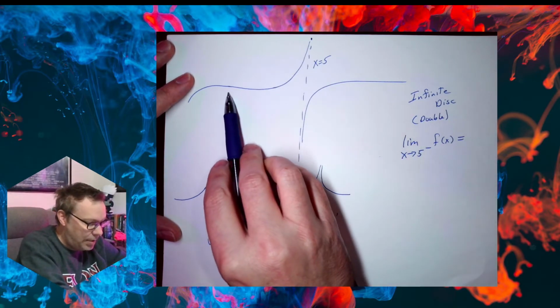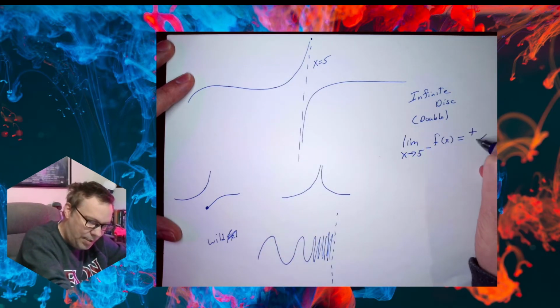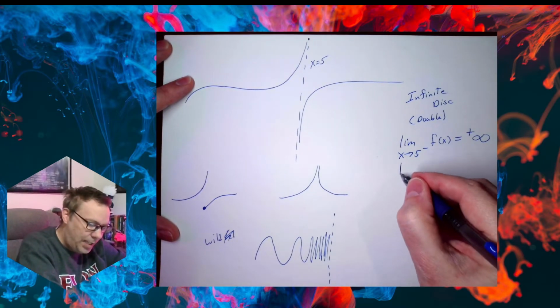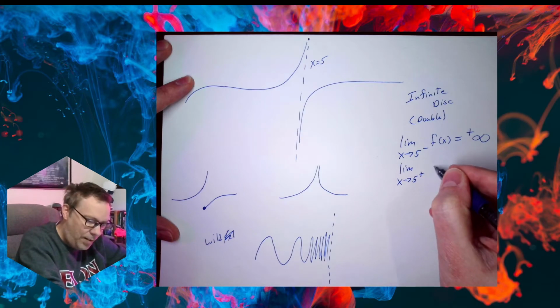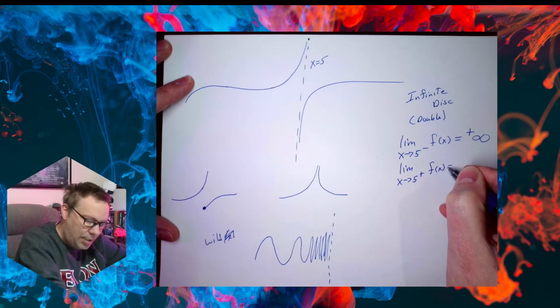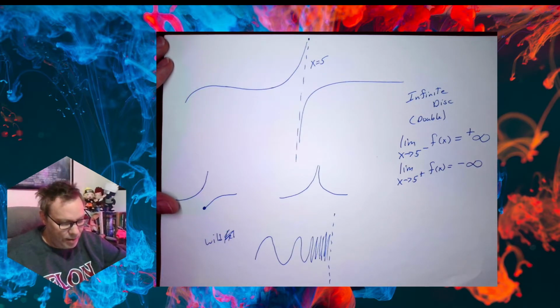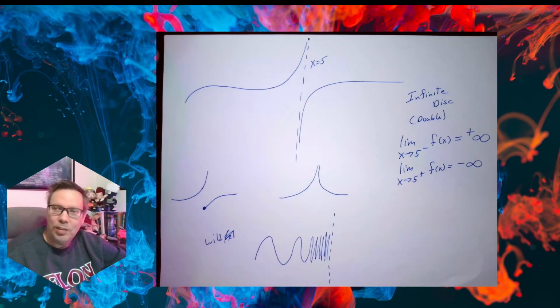If I approach from the left-hand side, I am going to go to positive infinity. If I look at x approaches 5 from the right, I'm going to get negative infinity. From that picture, that's what we're looking at.